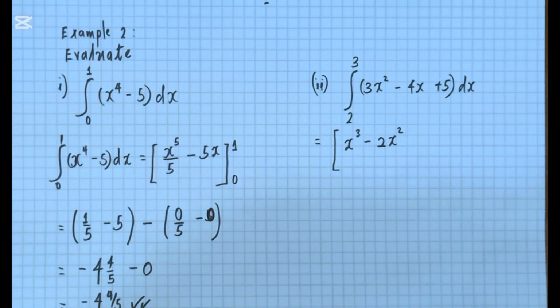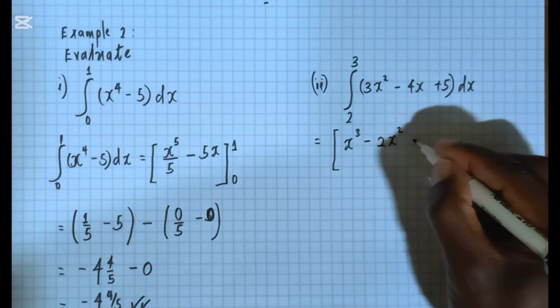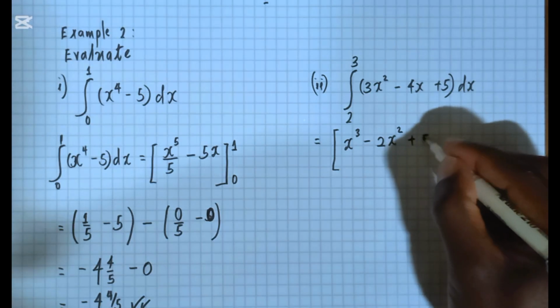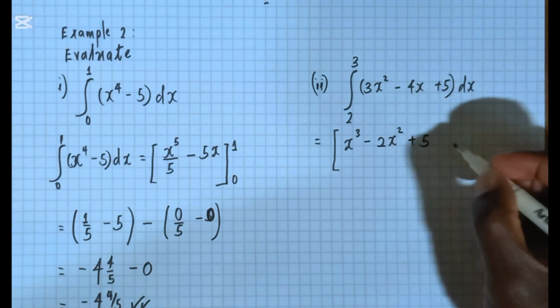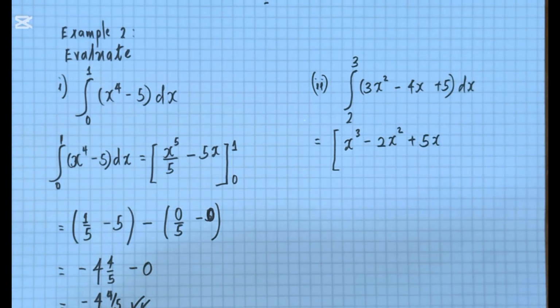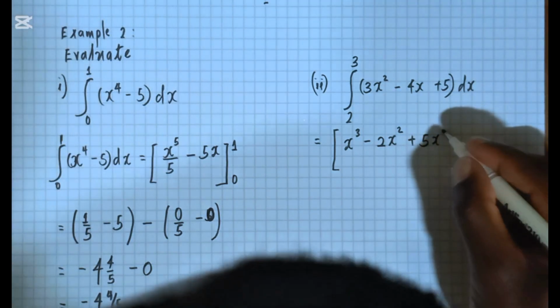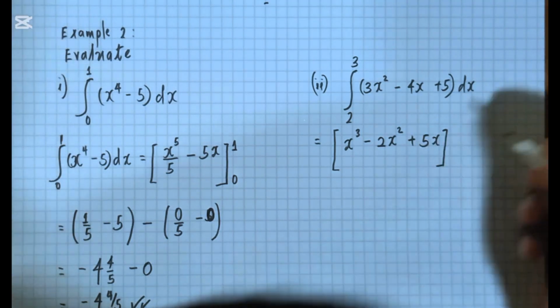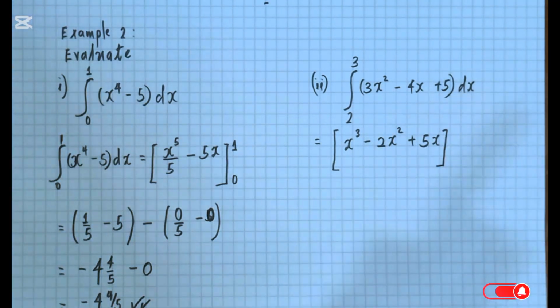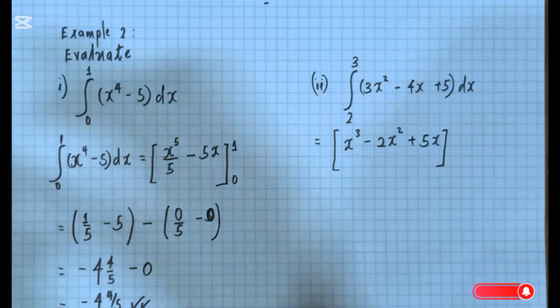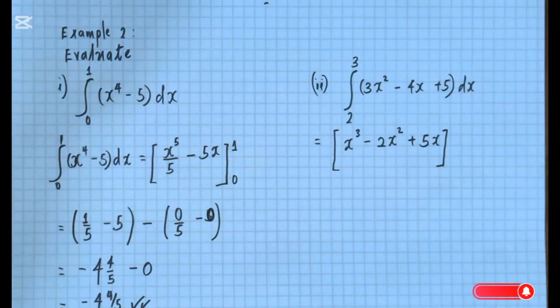I believe that should make sense. Plus 5x. Since the power of x there is 0, we add 1 to it, and so we end up having 5x. By now I expect that these should start making sense, and you should be able to solve these problems without really thinking very much about it.